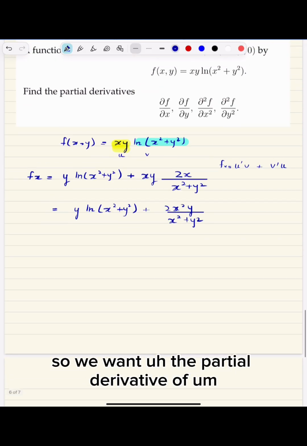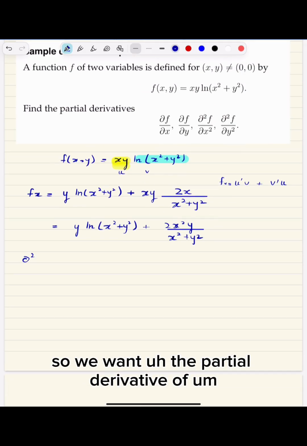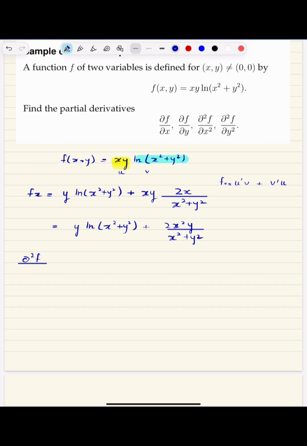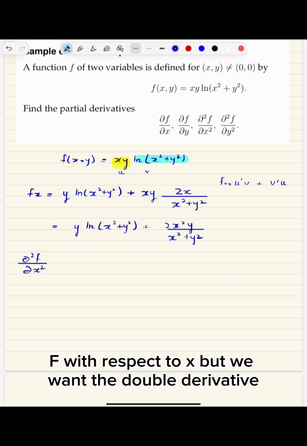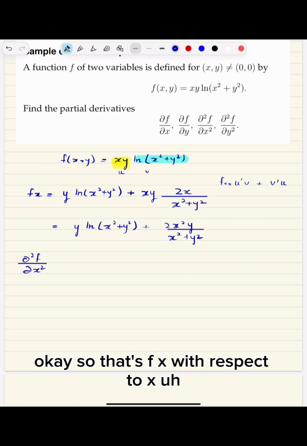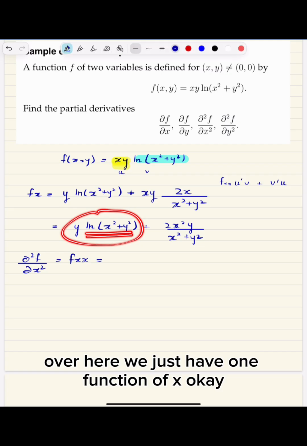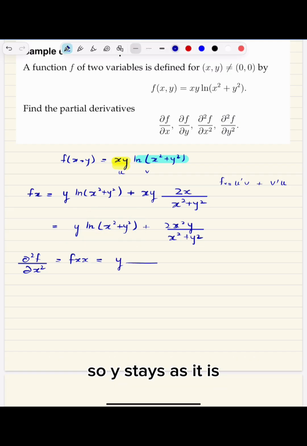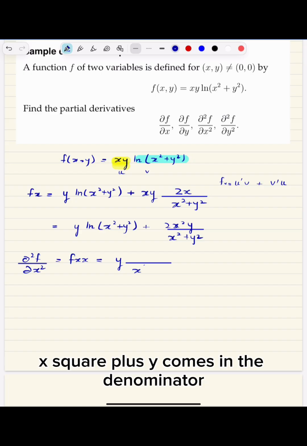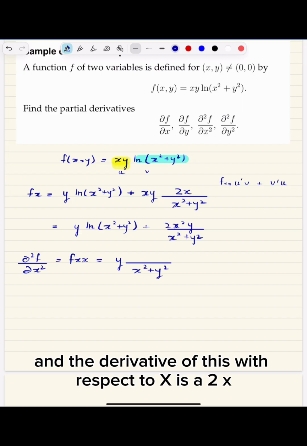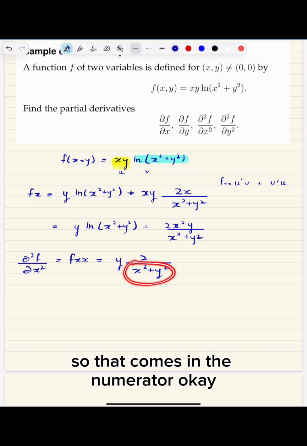Now let's calculate the derivative of this with respect to x again. So we want the partial derivative of f_x with respect to x, the double derivative, f_xx. Over here, we just have one function of x, so y stays as it is, x² + y² comes in the denominator, and the derivative of this with respect to x is 2x, so that comes in the numerator.